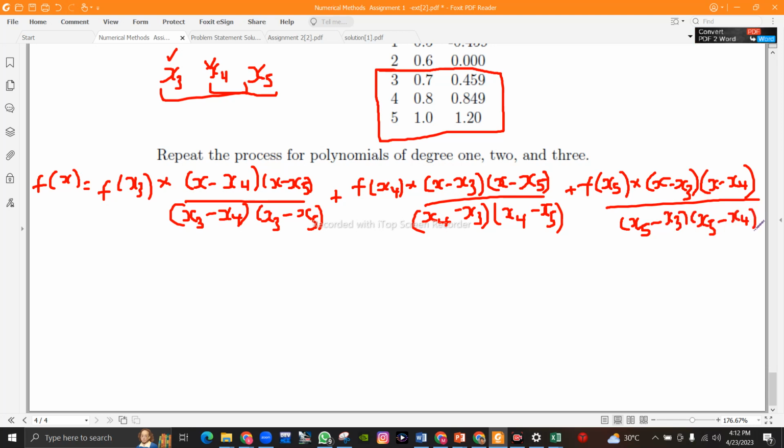So we solve this. F of 0.9 now. What's f of x3? That's 0.459.